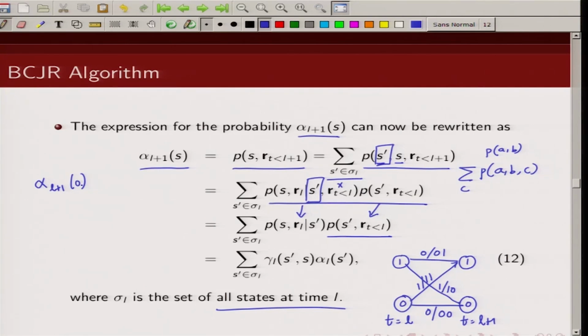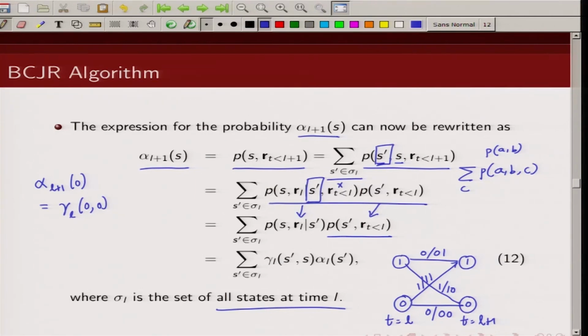Now, note here this is given by the product, summed over all input states. So, alpha L plus 1 at 0 can be written as gamma at time L of 0 0.